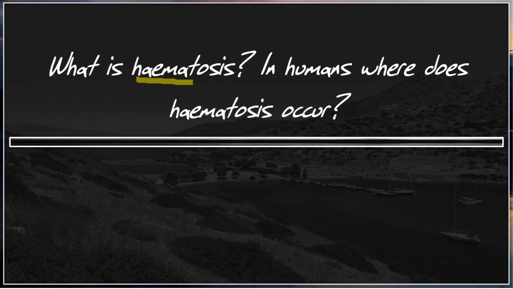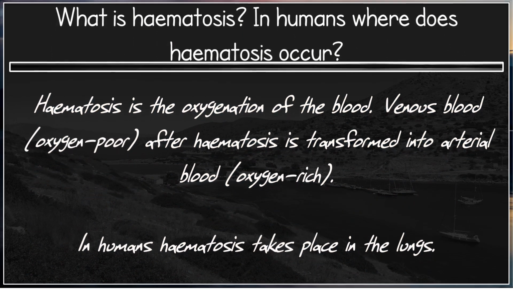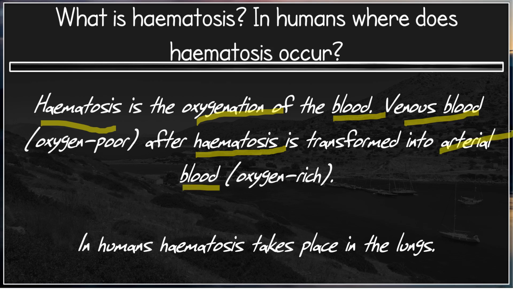What is hematosis? In a human, where does hematosis occur? Hematosis is the oxygenation of blood. Venous blood, oxygen poor, after hematosis is transformed into arterial blood, oxygen rich. In a human, hematosis takes place in the lungs.